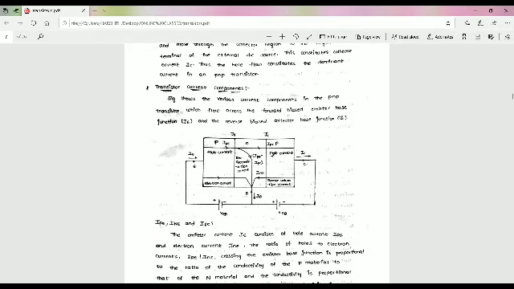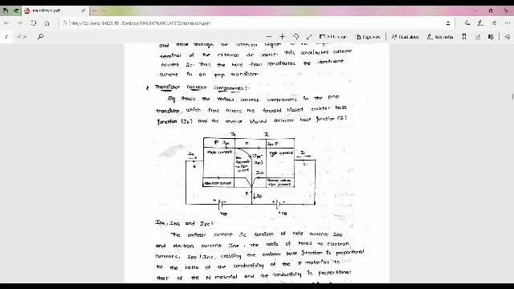Okay, holes due to current in the collector region, IPC means. Not all the holes crossing the emitter base junction JE reach the collector base junction JC, because some of them combine with the electrons in the n-type base.